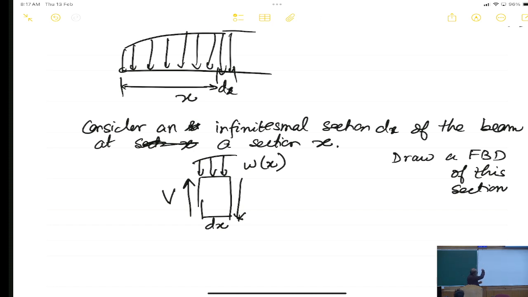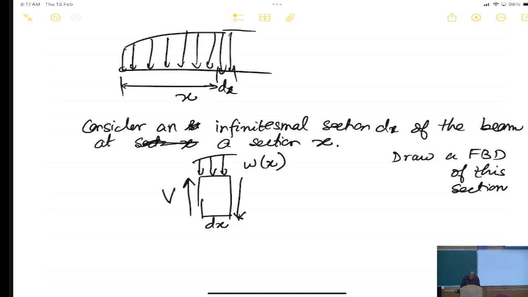In what direction will the moment be on the left face? The moment will be clockwise.